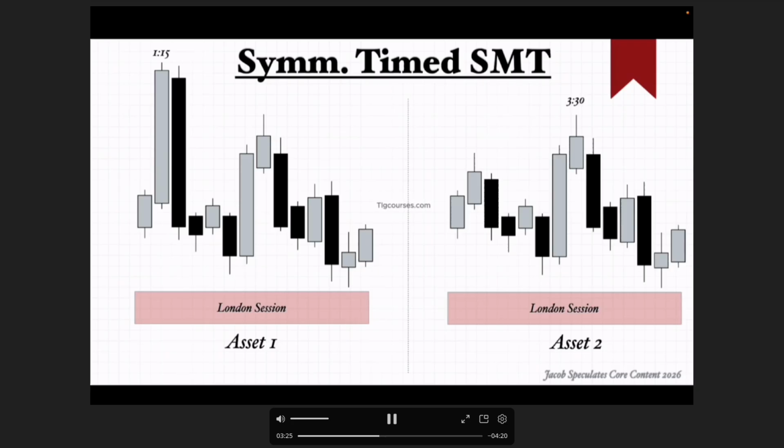If an SMT were to occur at London session's high, it wouldn't hold the same weight in terms of probability as the previous SMT that we looked at, because it would be an unsymmetrically timed sequential SMT. So if you see an SMT occur, this is when you would need that second stage cracking correlation or that extra bit of confirmation to know that the daily cycle SMT you're looking at would work.